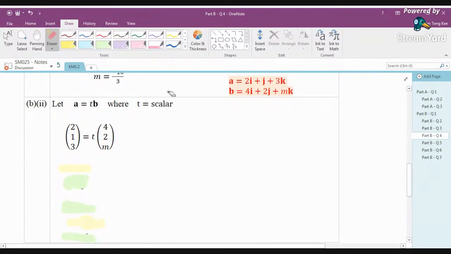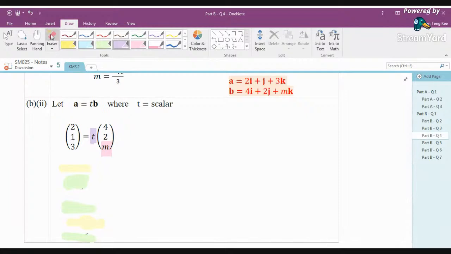Next, be aware, in order to solve for the value of m, I need to find out the corresponding value for t. And in order to solve t, you can make use of the first or the second value in this matrix here, which is the component for i or component for j. And between component i and j, I will choose the easier one.